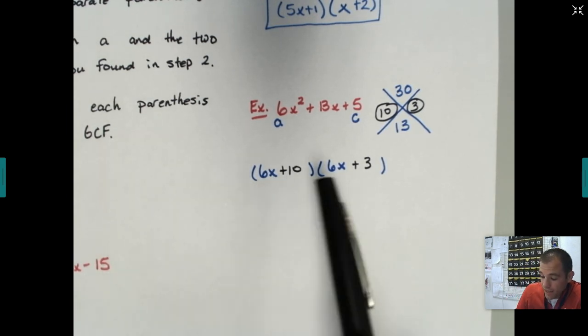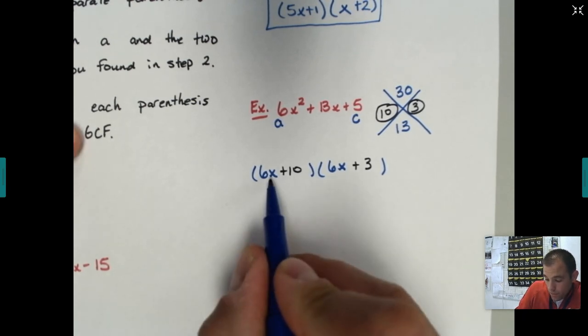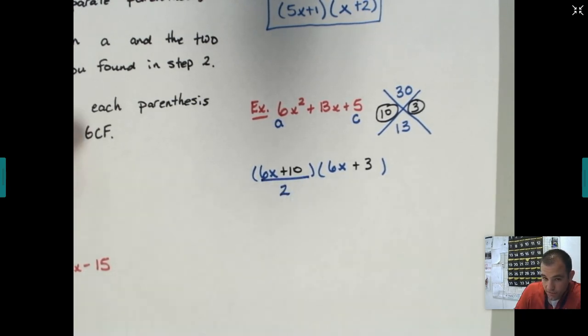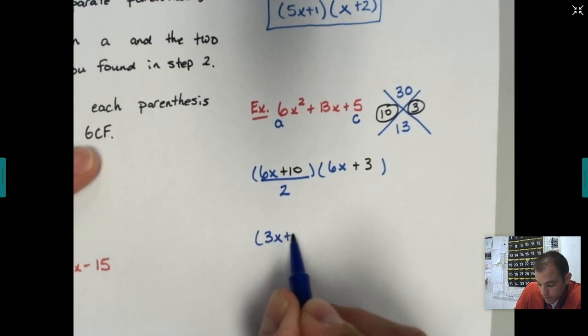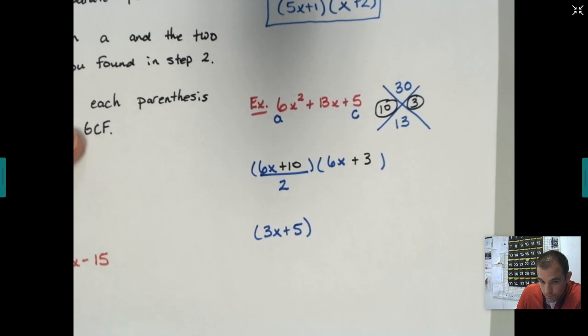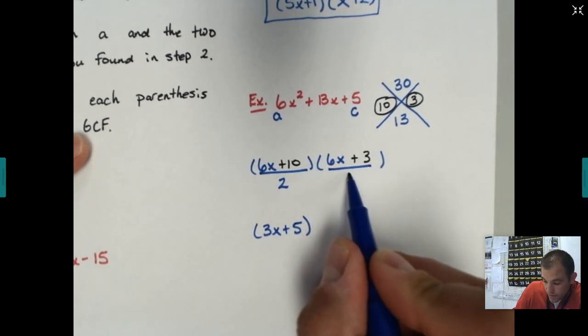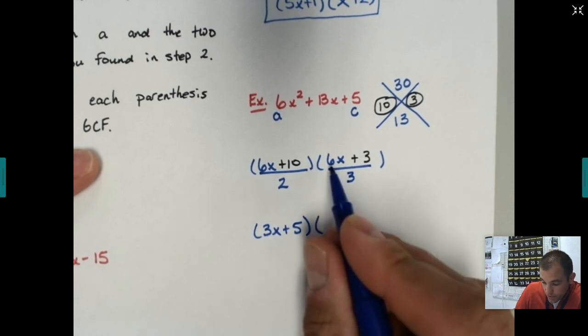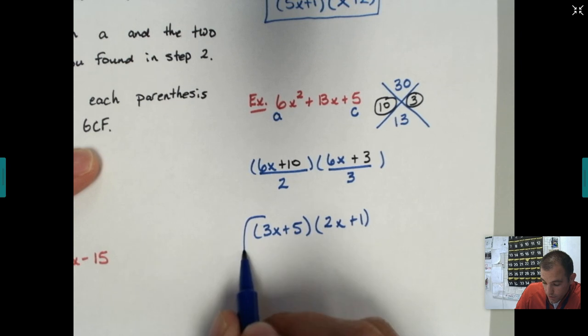See if you can divide either one of these by something. Like 6 and 10 both have a 2 in common, so I could divide those by 2. If I divided those by 2, it would be 3x plus 5. These 2 have a 3 in common, so I could divide both of those by 3. 6 divided by 3 is 2x. 3 divided by 3 is 1, and we are finished.